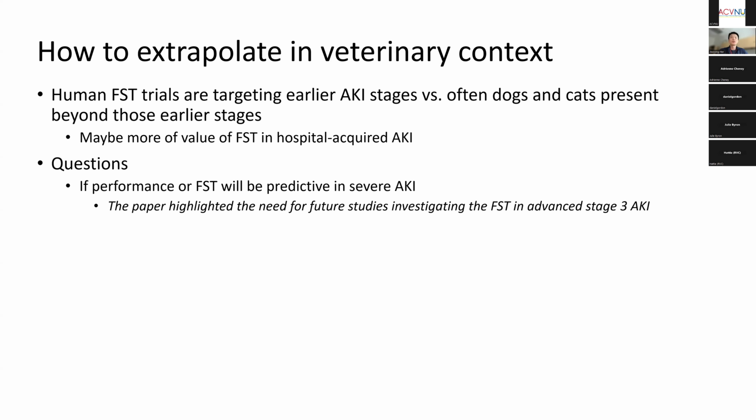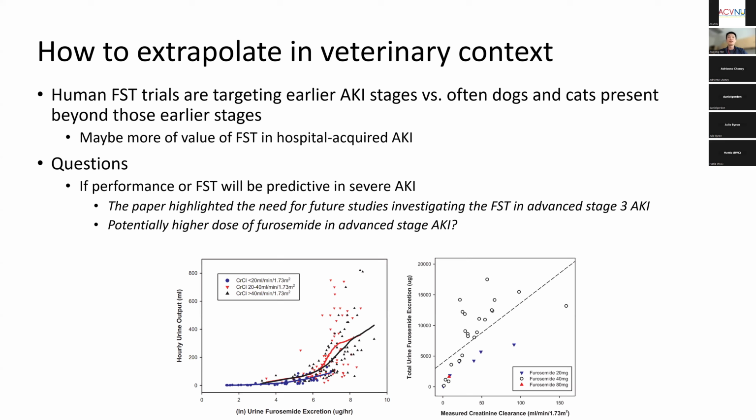The question also is whether the furosemide test will be predictive in severe AKI. And this review article did highlight the need for future studies investigating the stress test in advanced stage 3 AKI in humans. And if we were considering doing this research or clinically utilizing this information, potentially a higher dose of furosemide, especially with advanced stage AKI, which is not completely new.